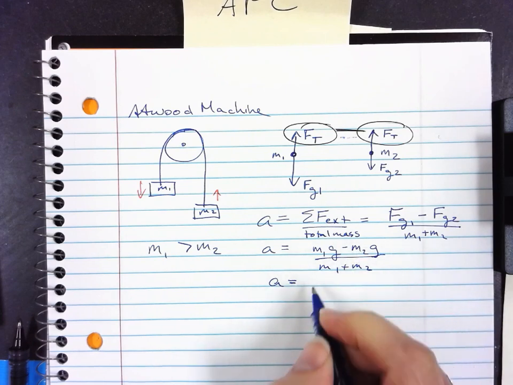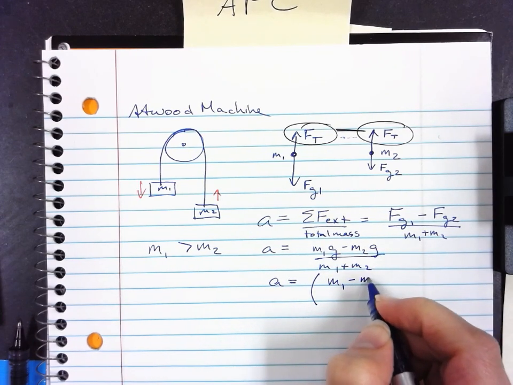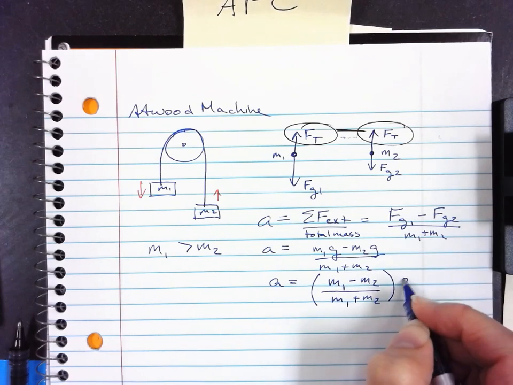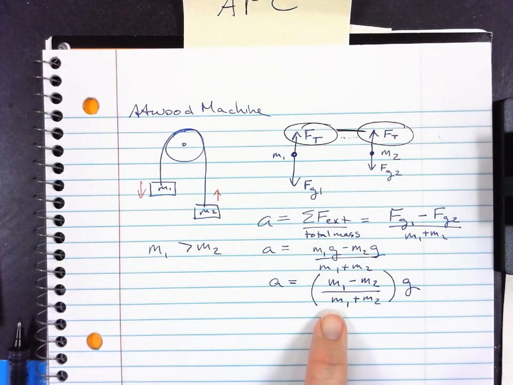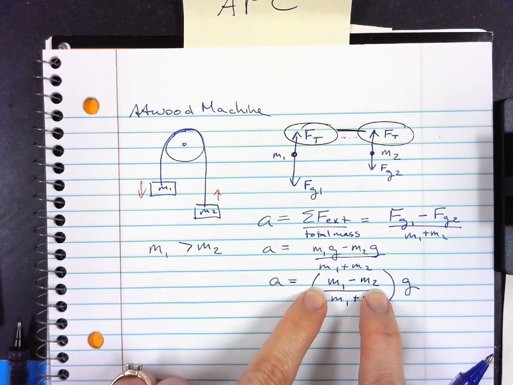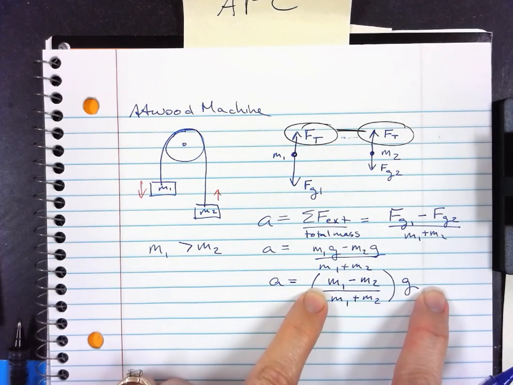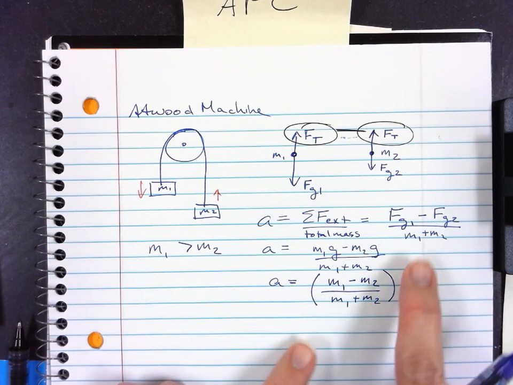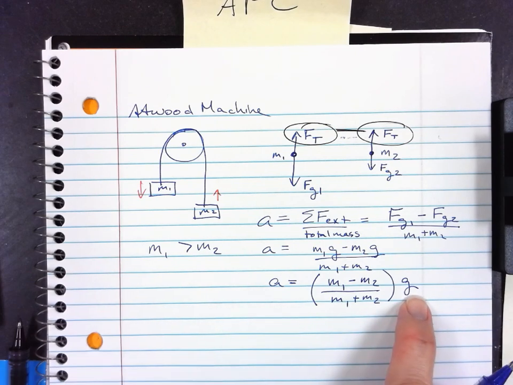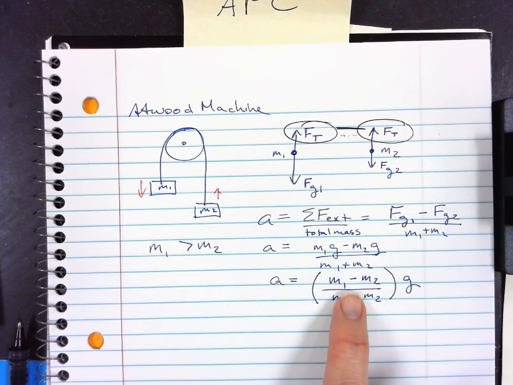And finally, we're going to factor G. You don't have to factor G. In fact, if you were doing a calculation with numbers, you may or may not choose to. But this pulls out the fact that the acceleration depends on the difference in the masses, and then times the acceleration due to gravity. So of course it's the difference in the weights that's really causing this. This whole problem would not occur if we were not on some location with gravity, but it's the difference in the masses that produces the acceleration.